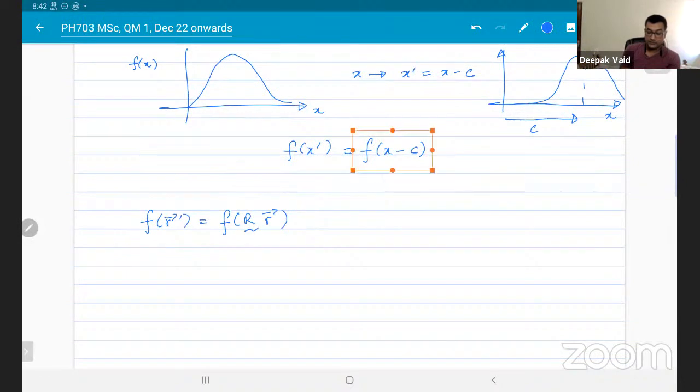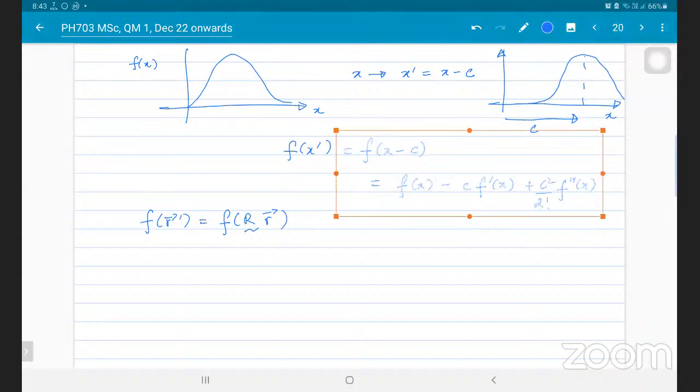Once I say that this is equal to f of x minus c, now I would use some sort of Taylor series. I would write it like this, right? Okay. This is the Taylor series expansion of this f. You have seen this before, right?